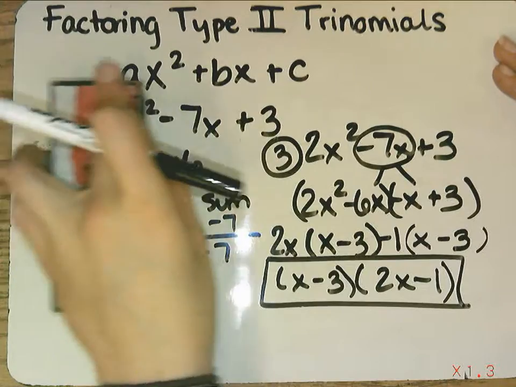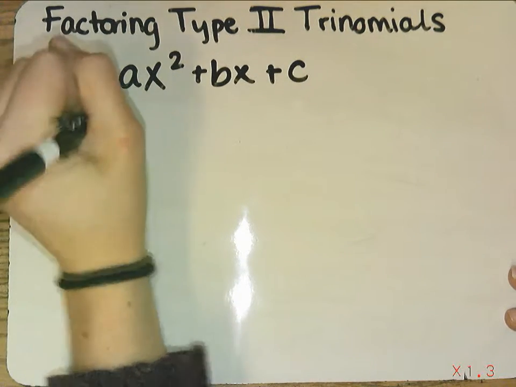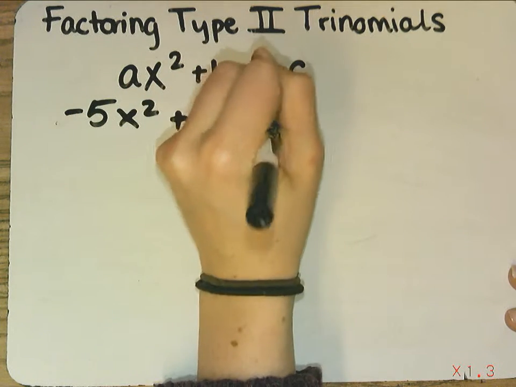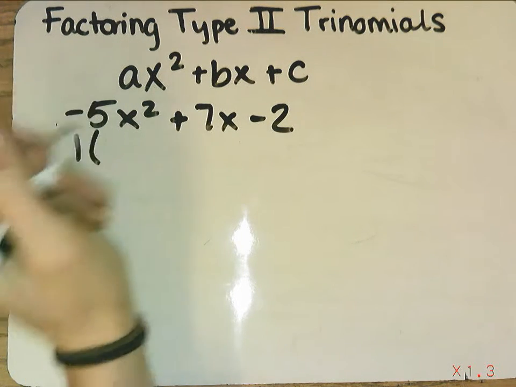Let's look at one where a is negative. So I have -5x squared plus 7x minus 2. If you remember from class, we said that a cannot be negative. If a is negative, I need to factor out a -1 first.